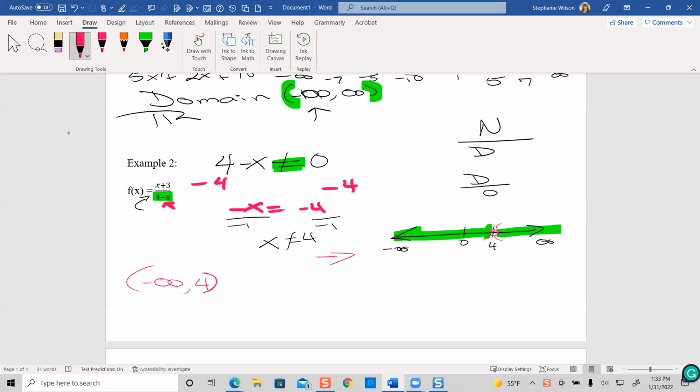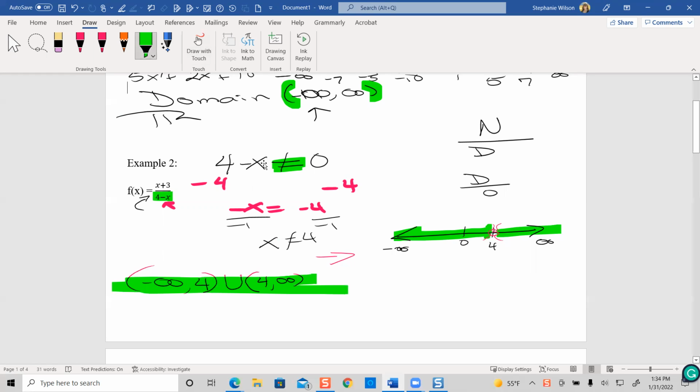I'm going to put a parenthesis on 4 because I'm telling myself I'm approaching 4, just not including it. Then it's going to union all points on the other side of 4. So my domain here is negative infinity to 4, union 4 to positive infinity, and we didn't include those points.